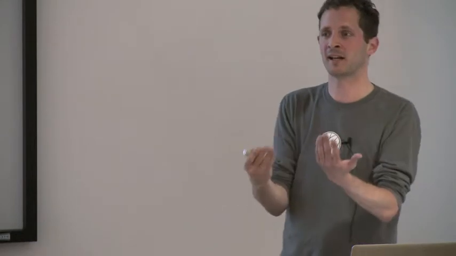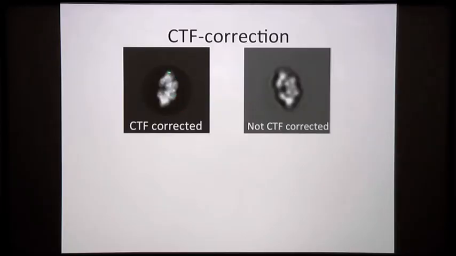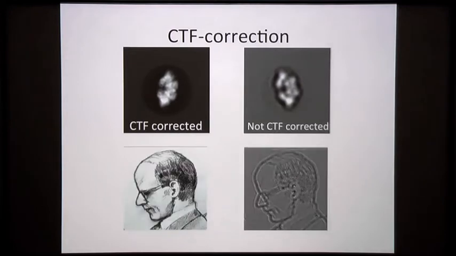If you do full CTF correction, then you get an estimate of the true Coulomb potential, or the projected Coulomb potential in your images, and that's actually white on a black background. Okay, and we've seen something very similar earlier on in lecture 2, where we had the CTF of max, and if you don't correct for CTF, then it's gray with all these black halos around it.